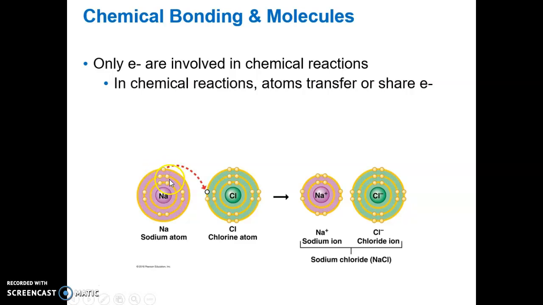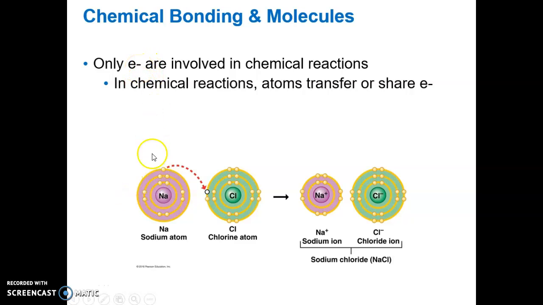What happens when an electron is lost by one atom and picked up by another, so it's lost and then it's gained, is that the atoms become charged ions. The reason is that the electron, if you remember, has a negative charge.